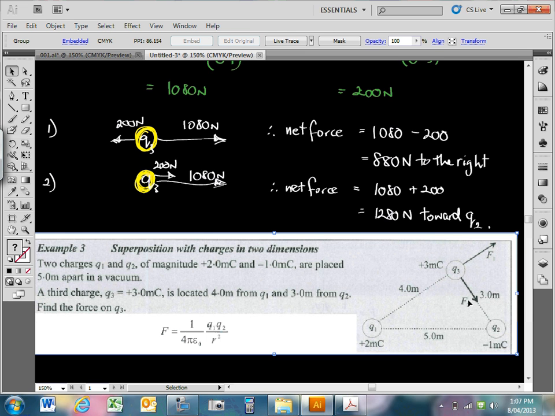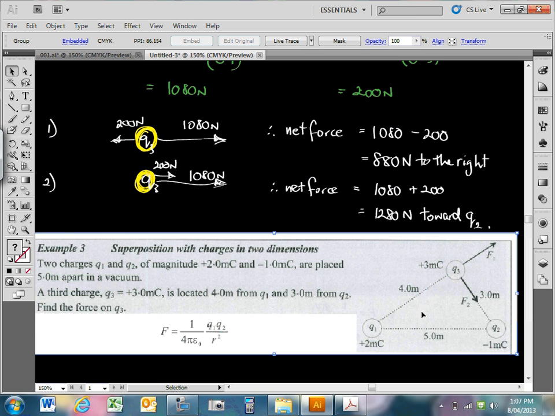So we have a different situation where we have a two-dimensional problem. We're looking at it in superposition in two dimensions. Two charges, Q1 and Q2, and they actually put the magnitudes here. And the third charge, Q3, is 3 millicoulomb this time. What they want to do is find the net force on Q3 due to the other two.